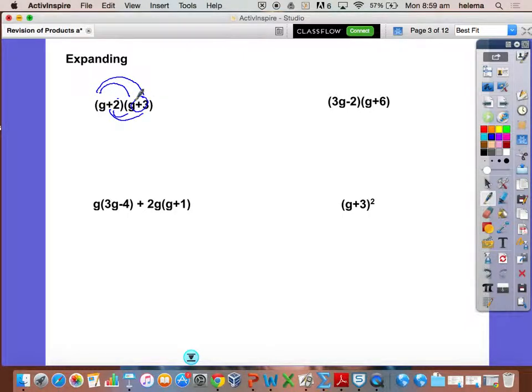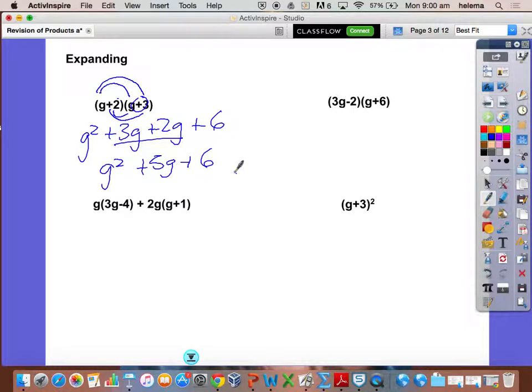Okay, you have to include the sign. So this would be g squared plus 3g plus 2g plus 6. And then you simplify these, add them together, so you've got g squared plus 5g plus 6. Good? Same every time. That's it.